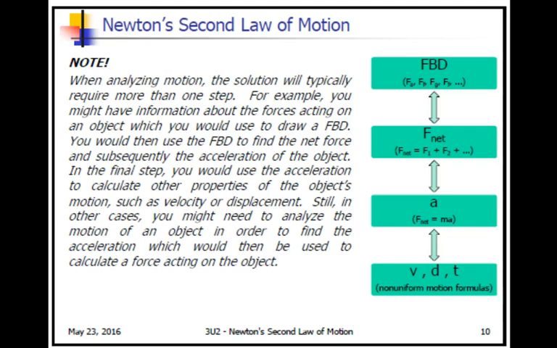Once you know the acceleration, if you have the mass, you can solve for F net. And if we have our net force, our resultant force, we can go back to the free body diagram and find out what the missing force value would be. So this little chart helps you determine how to solve certain problems.